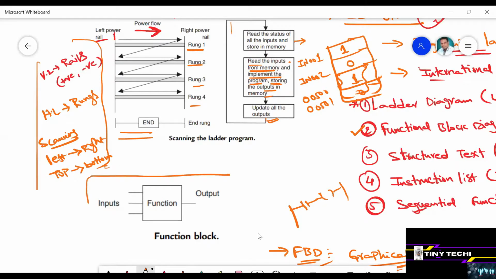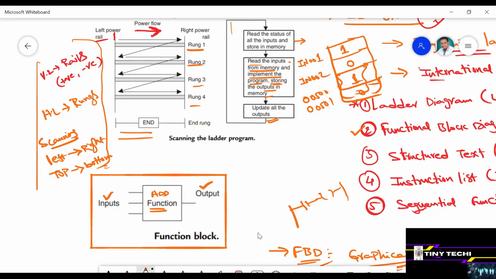This is a function. It consists of inputs and outputs. Inputs are on the left side. What function do we have to perform? We give a symbol here, like addition. It has the palette.